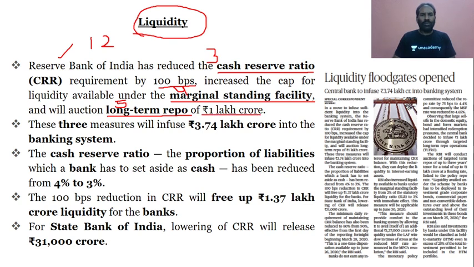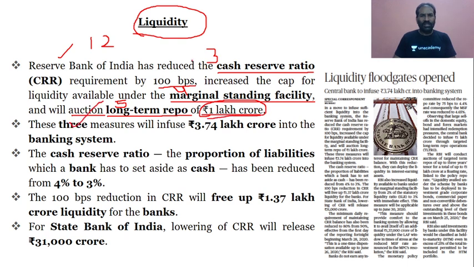1 lakh crore rupees has been pumped into the market by only this auctioning of LTRO by the RBI to banks, not to the people. Auctioning of LTRO by the RBI to the banks: the RBI will pump 1 lakh crore rupees into the banks.